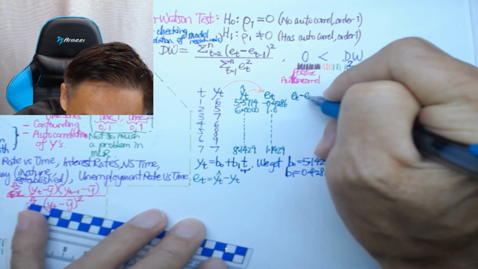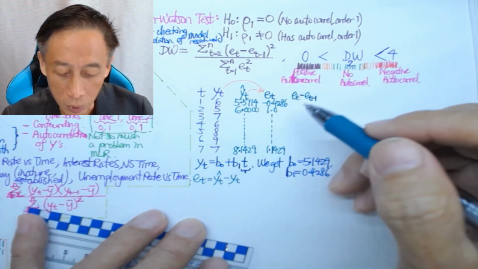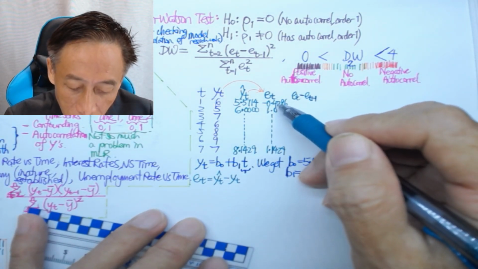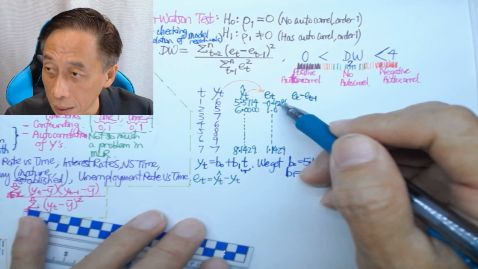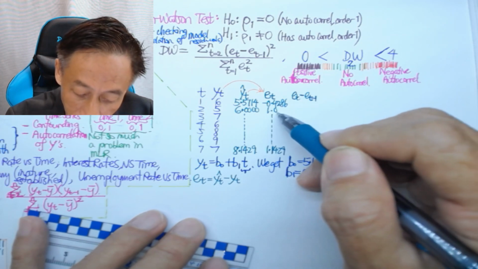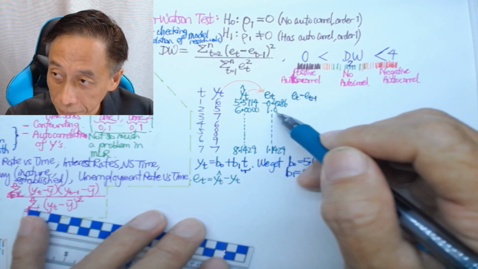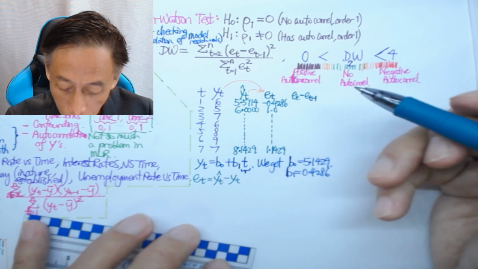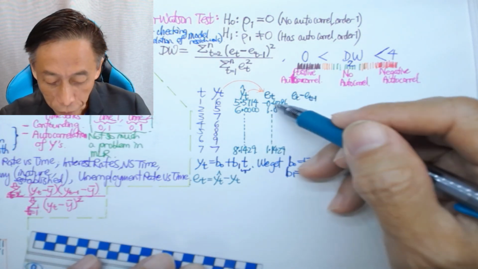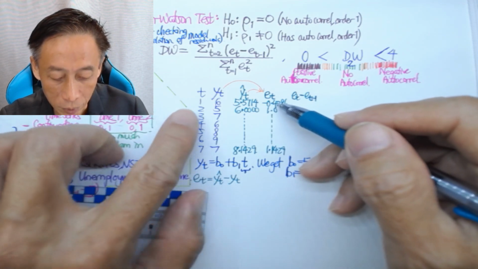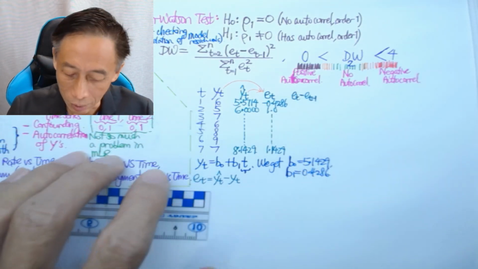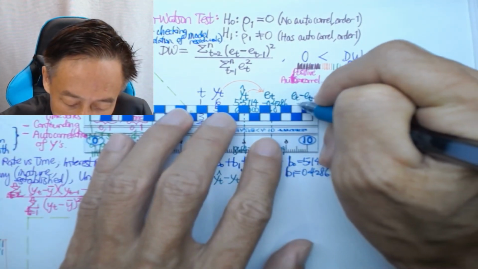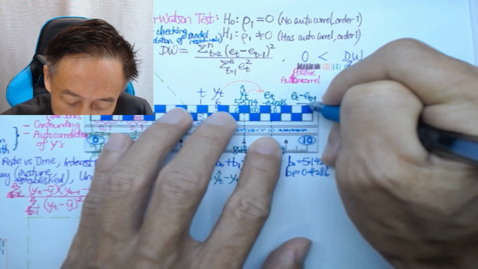Just watch carefully. So we are talking about this term E of t minus the E of t minus 1. For the first term, we are talking about t0, which is non-existent, so this doesn't exist. Cross out.